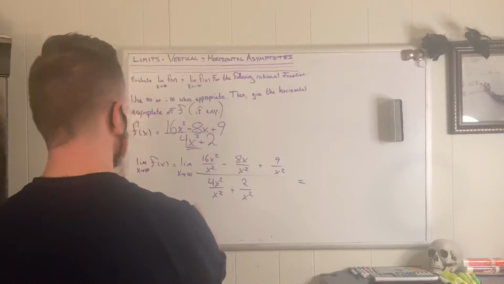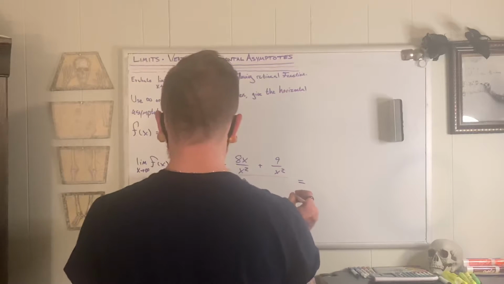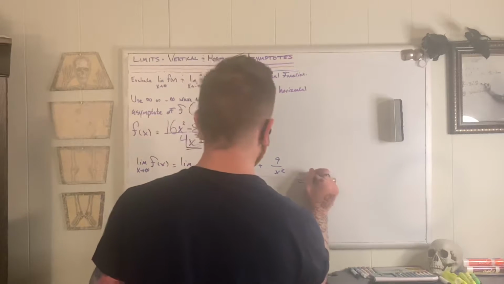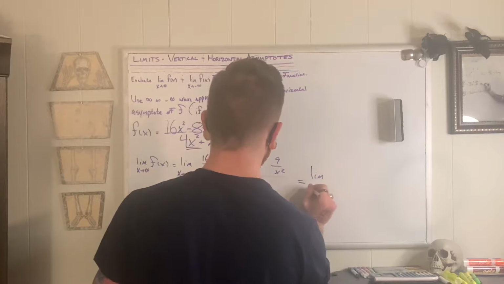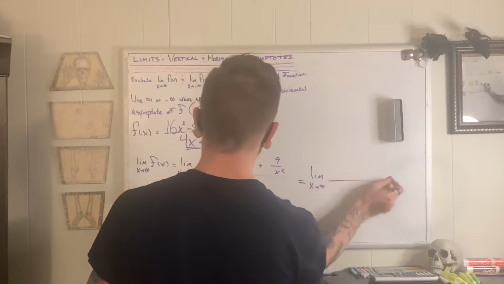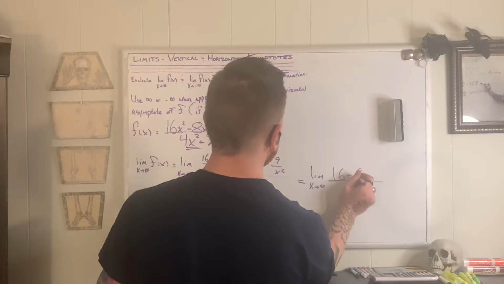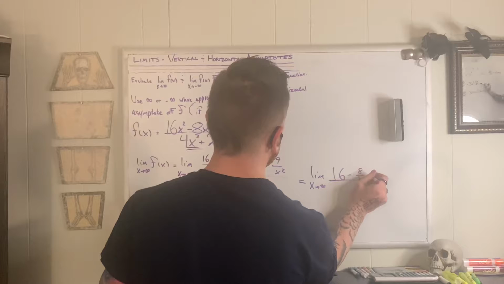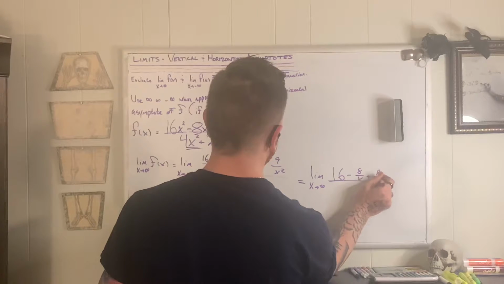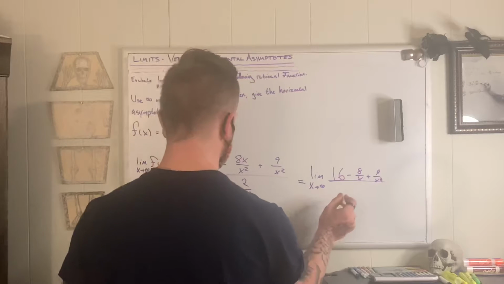Okay, so we can clean this up algebraically quite a bit. And now we can say that this equals the limit as x approaches infinity of 16 minus 8 over x plus 9 over x squared, all divided by 4 plus 2 divided by x squared.